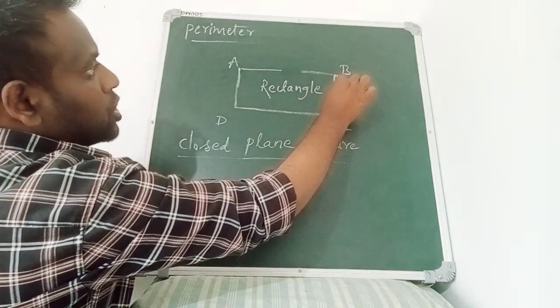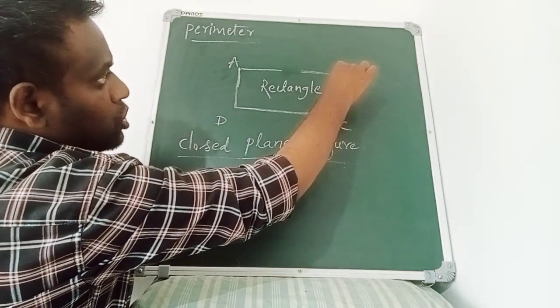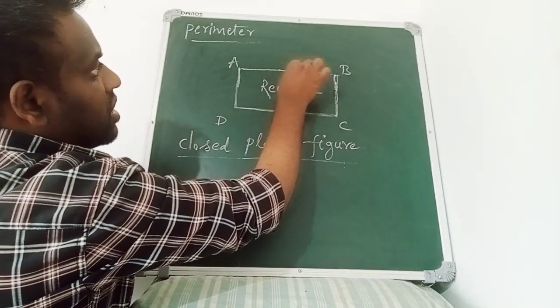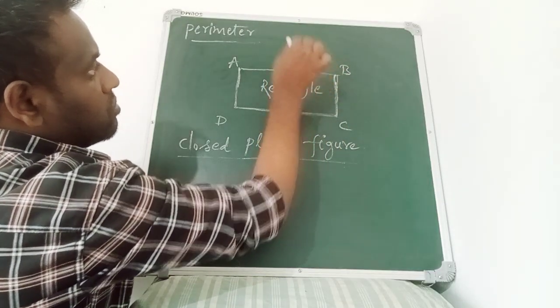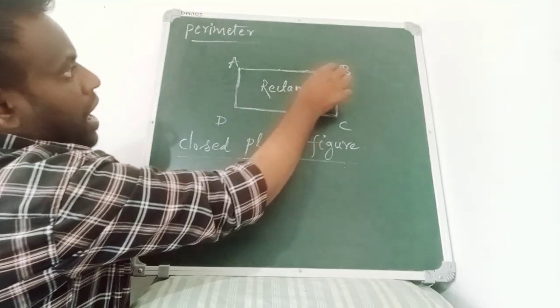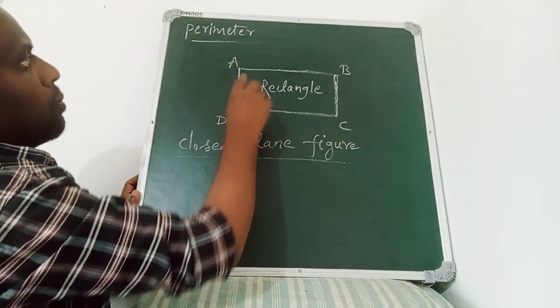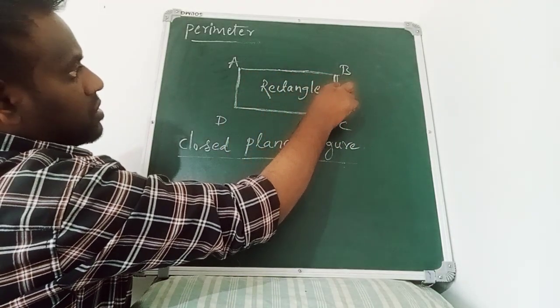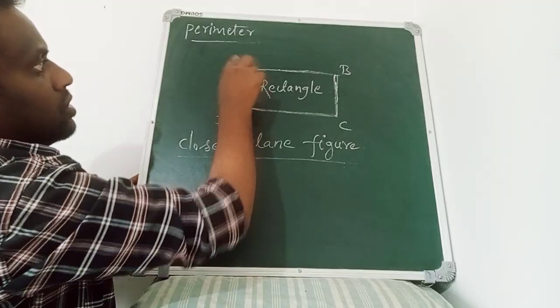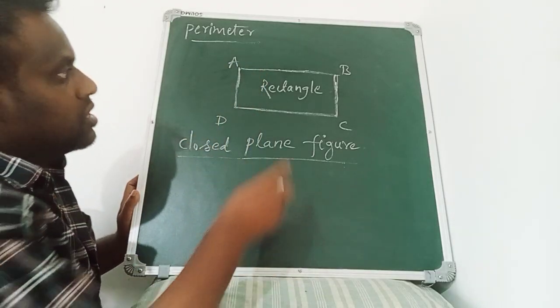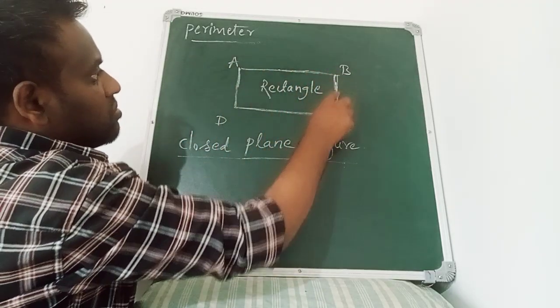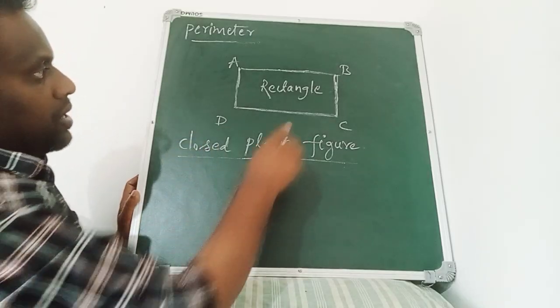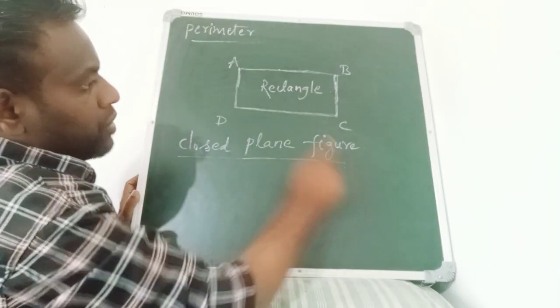But a rectangle has no such opens. It is closed. You can check around this. There are no opens. This figure is completely closed. So that's why it is called a closed plane figure.